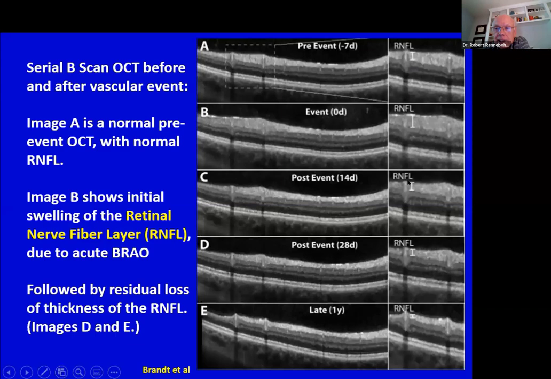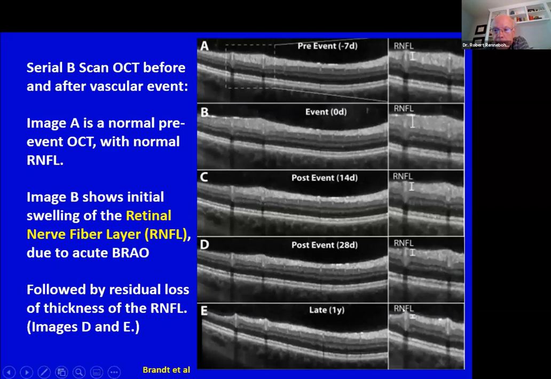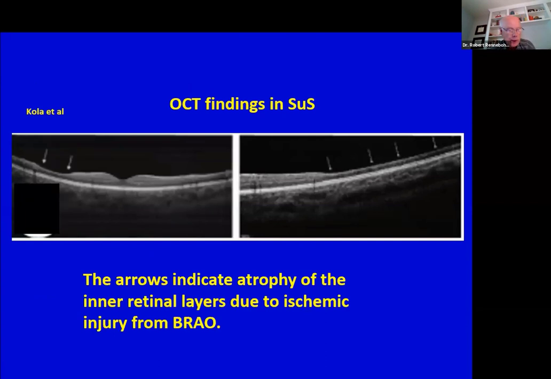But then at the 14-day mark, it begins to thin and increasingly thins over time and is very thin at the 1-year mark. Here's another example of atrophy of the inner retinal layers due to ischemic injury from BRAO on OCT.